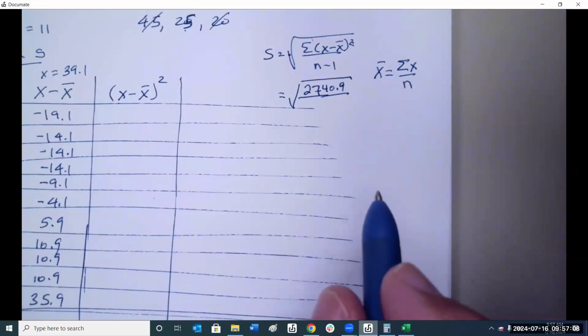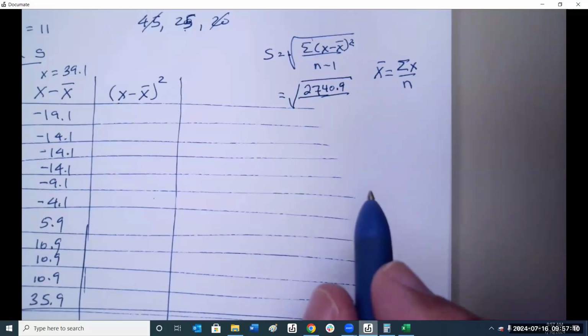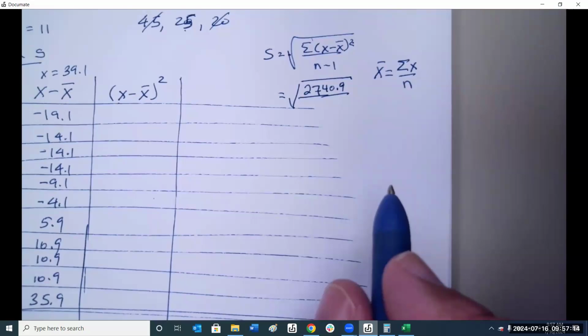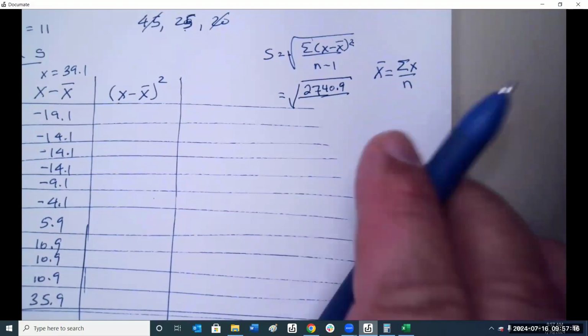Which one are you talking about? The second one, 14.1 times 14.1 is 198.81.